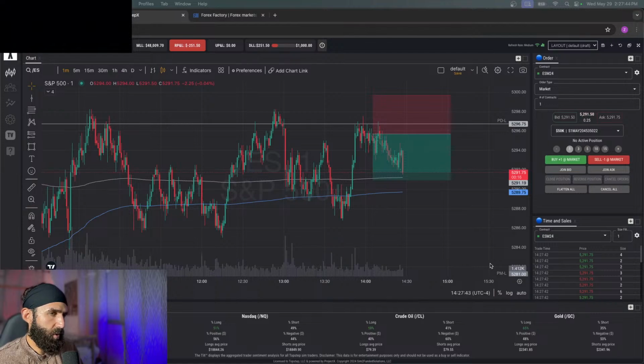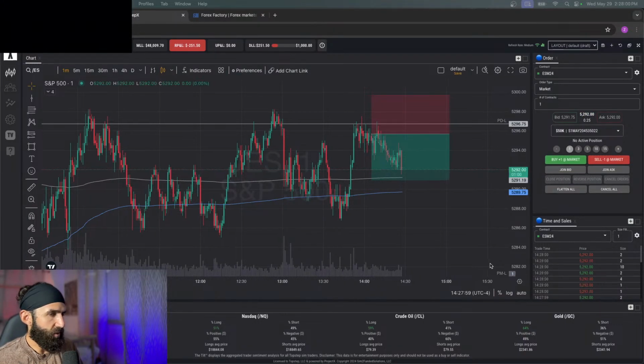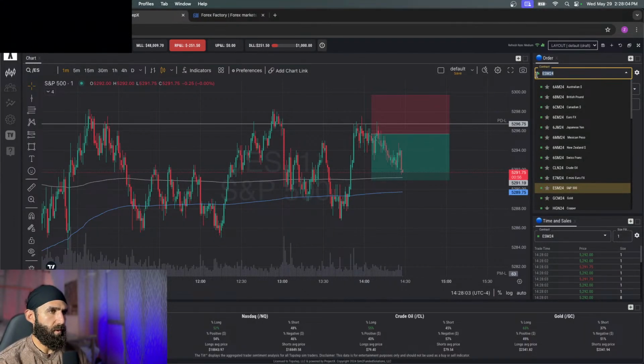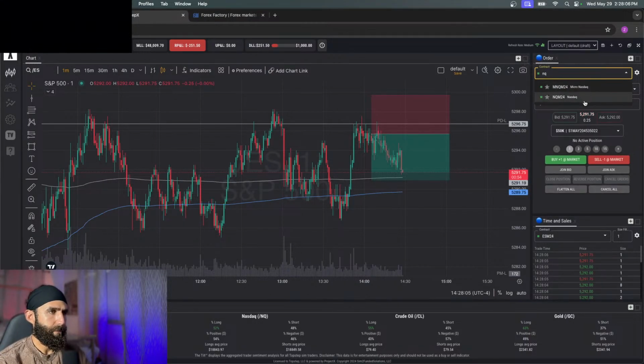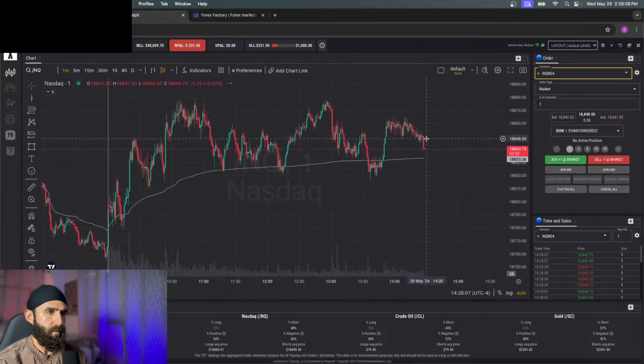But I would certainly be shooting Top Step an email, their customer service. Make sure you describe the problem, screenshots, the whole deal, and that you can get access to it pretty quick. Again, for me, they've been pretty quick answering questions. NVIDIA's starting to sell. Let's see, what is NQ rolling over with it? Yep.